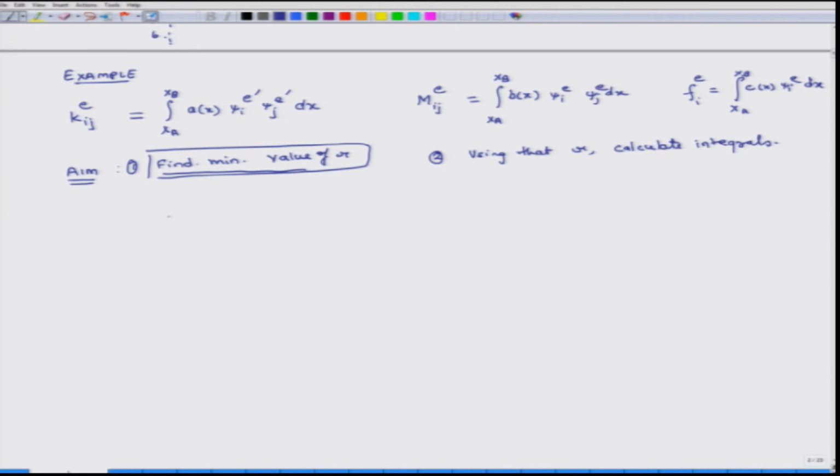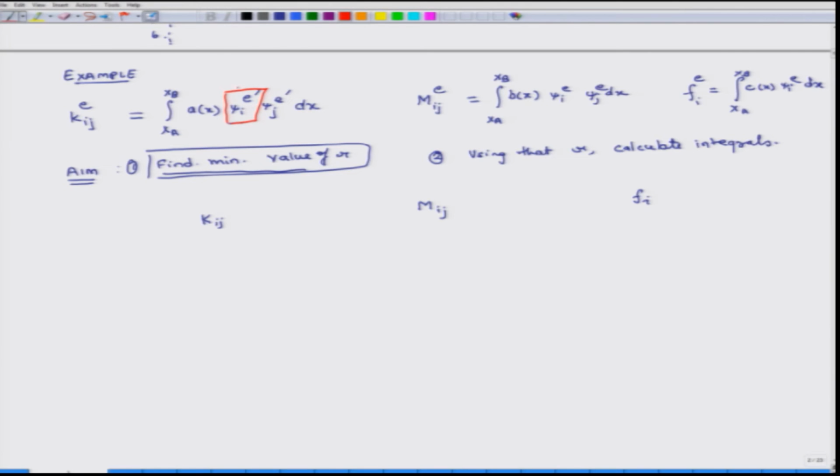So, I have to compute k_ij, m_ij and f_i. Okay. Now, psi_i is what?